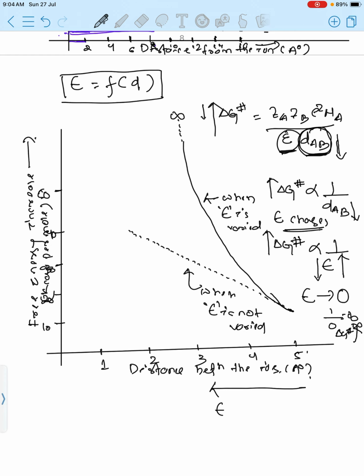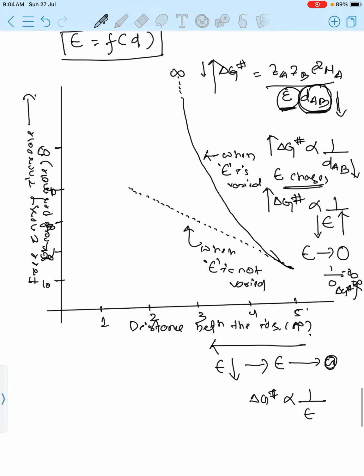Therefore the dielectric constant value will decrease, and when the distance between the ion and solvent molecule is very small, the dielectric constant will decrease to about 0, a very small value. Therefore, as delta G activation is inversely proportional to the dielectric constant value, when it decreases to 0, then 1 by 0 is nothing but infinite.